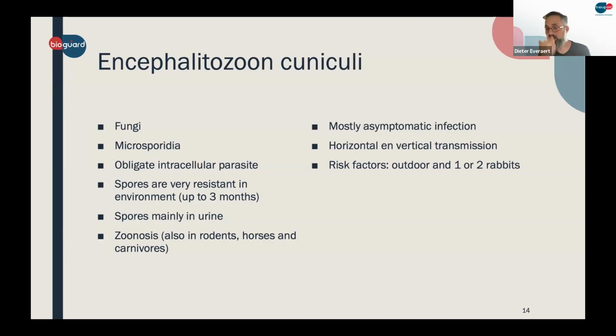And for some strange reason, it's more common in rabbits alone or in two-rabbit households than in multi-rabbit households. They don't have a sure explanation for it. It might be that a rabbit alone has a little bit more stress, and that group housing has less stress, but it's not for sure at the moment why multi-rabbit households are less infected.